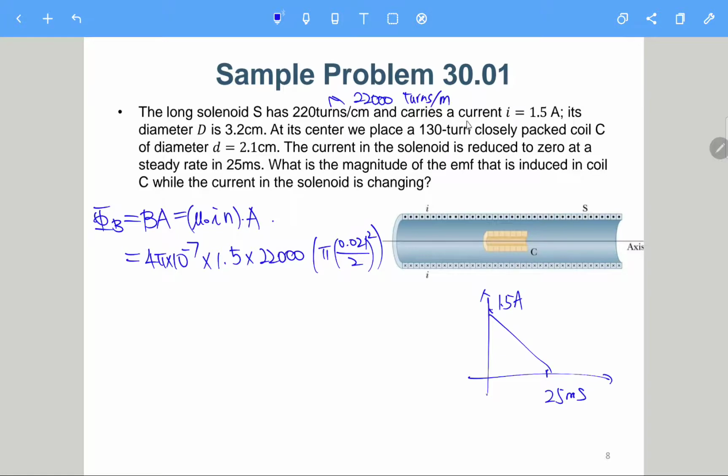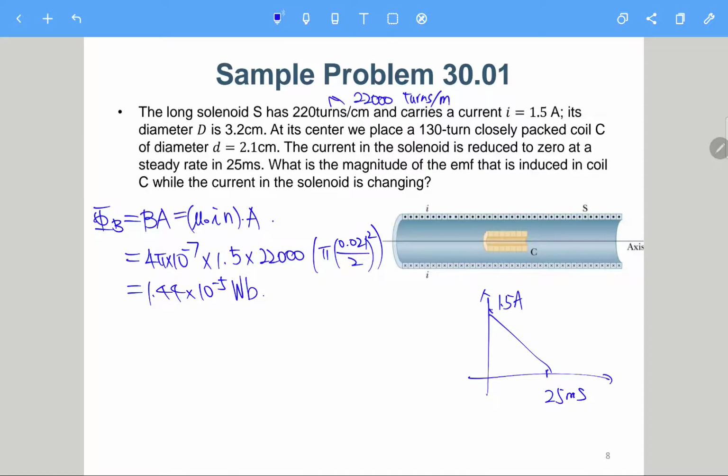Originally we have a current going through the big coil, and then it induces the current in the smaller one. So we consider the cross-section area for coil C. So it is 1.44 times 10 to the minus 5 Weber.